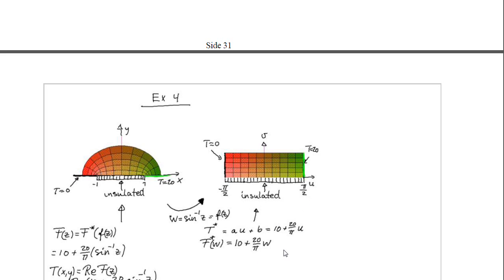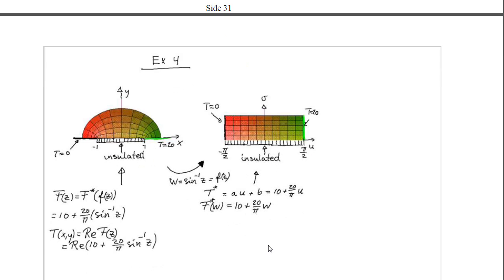And similarly as before, this implies that the complex potential can be written in this way, where w is just equal to u plus iv. So the temperature, the harmonic part, the real part of this complex potential is of course this temperature T star.